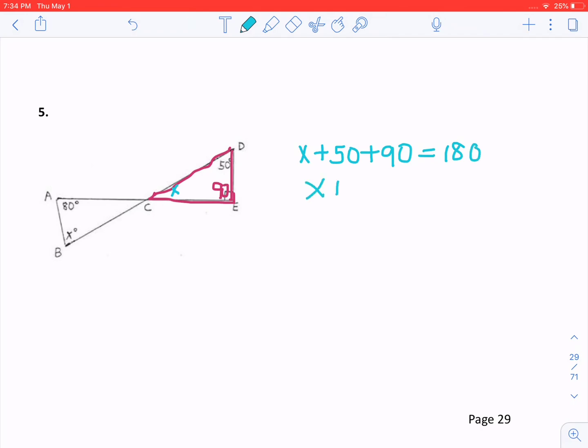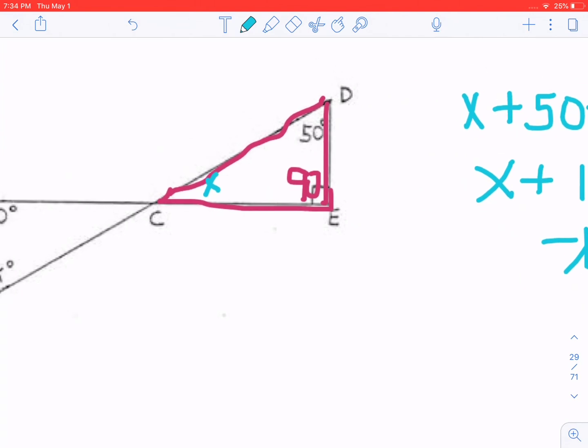So combining my like terms, 50 plus 90 is 140. Subtract 140 from both sides. So x is equal to 40. So we're going to go back to the diagram. I'm going to fill this in. Let me make this a little bit bigger here so I can write on it.